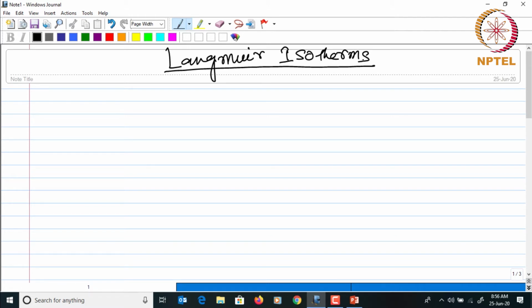So the Langmuir isotherm is about the gas adsorption on a solid surface. So let's say this is the surface of a solid on which some gas molecules are adsorbed.